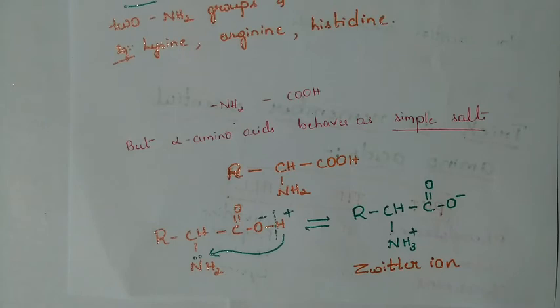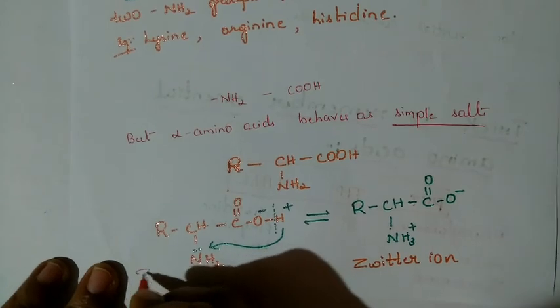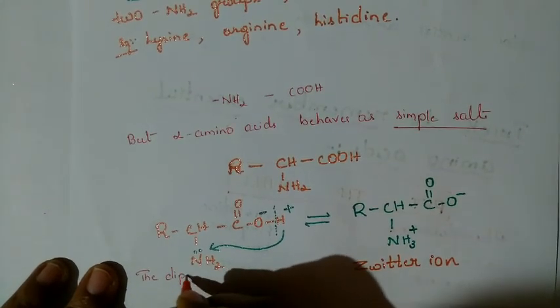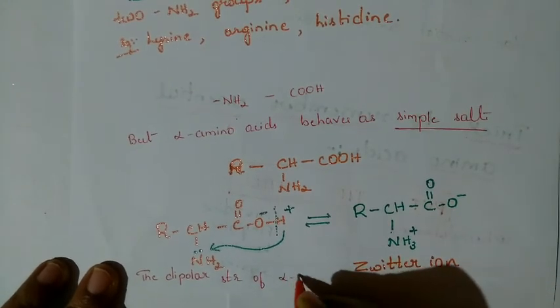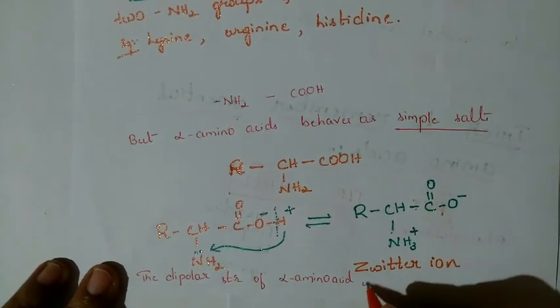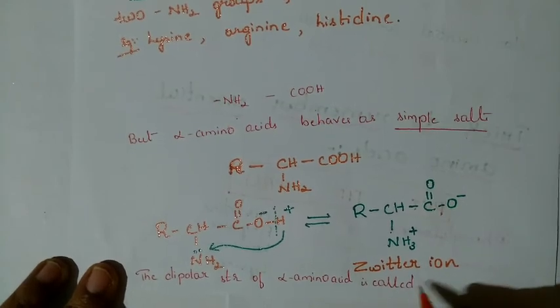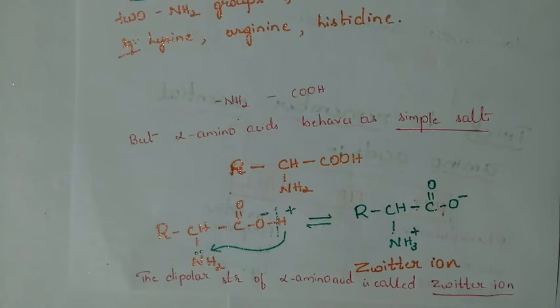We'll write that definition: the dipolar structure of alpha amino acid is called Zwitter ion. So on the same compound, we have positive charge as well as negative charge.